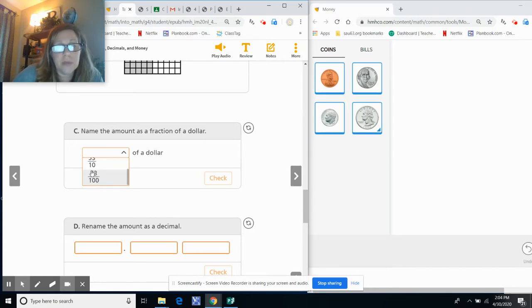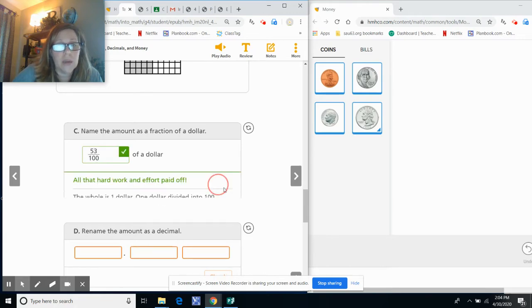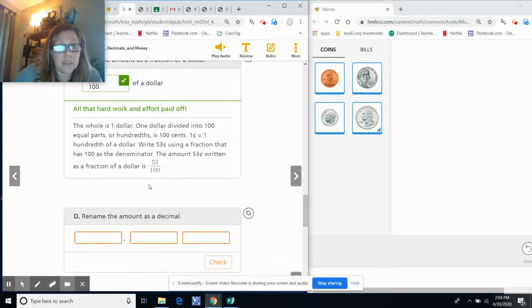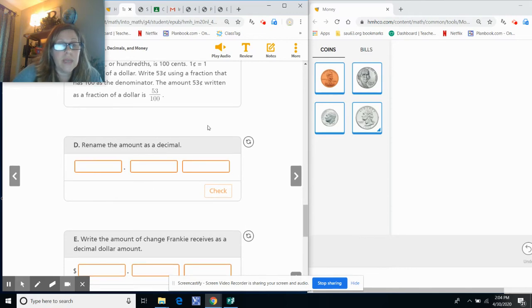This would be your choice because you're talking about how many parts out of the whole. And we know this whole is filled with 100. It represents 100. And so we only need 53. So here we go. Let's check it. And we are right. Okay, so now we've represented it with a fraction on a model.